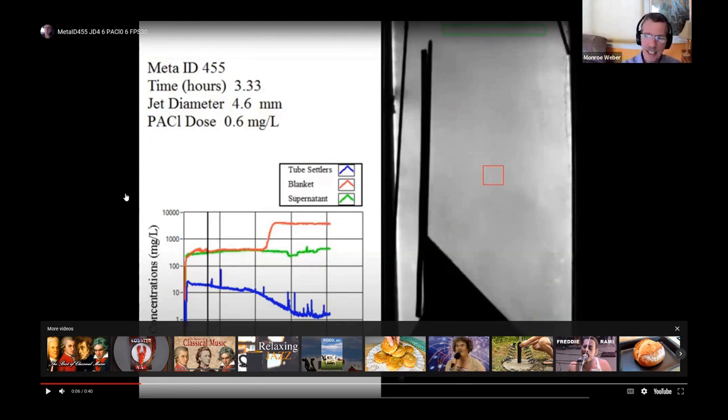The green line is a spot up here near the top of the flock blanket, above the flock blanket. It's a supernatant coming off the top of the flock blanket. And this is great. Look at that green line. It's like, I don't know, 300 or something, or 250, and it's constant the whole time.